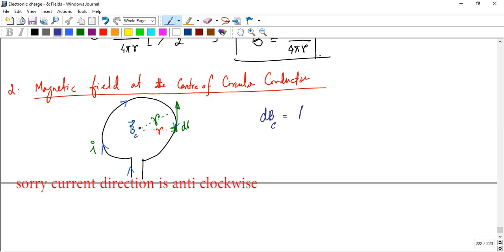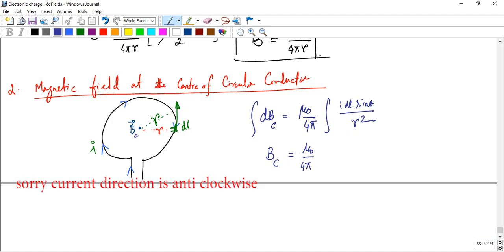That is the basic formula: mu 0 upon 4 pi, integration of I dl sine theta by r square. Here after integration, the magnetic field at point C is mu 0 upon 4 pi, I by r square.